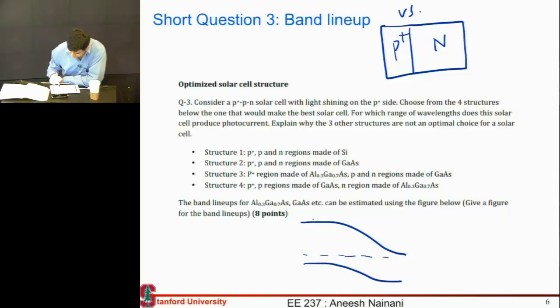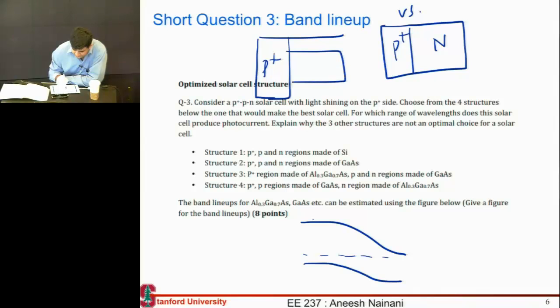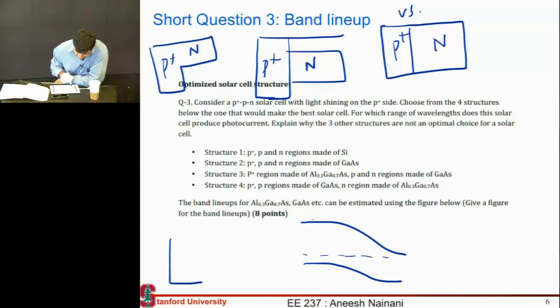But what if I use a material which has a slightly higher band gap? What if I use a material which has a larger band gap for this P plus material and a smaller band gap for this N material? And then how should they be lined up? Should the bands be lined up like this, where this material has higher band gap, or like this, where these two materials have a different band gap?